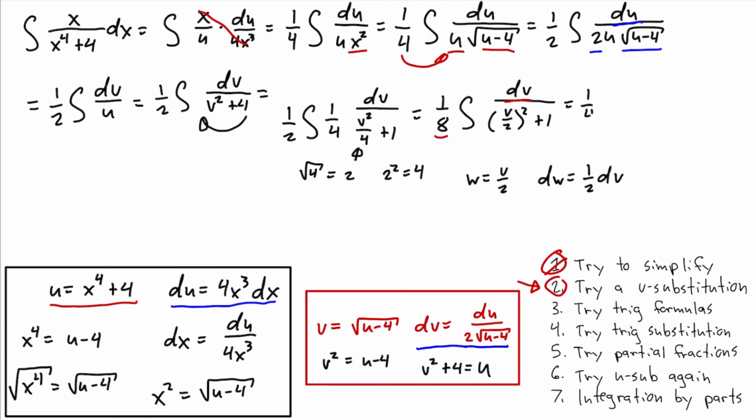So we have 1/4, the integral of 1/2, and v over 2, that's w, so we have w squared plus 1 dw. Okay, and again, this dw, just as a reminder, it's actually absorbing this 1/2. That's kind of one way to think about it, so we can delete it.